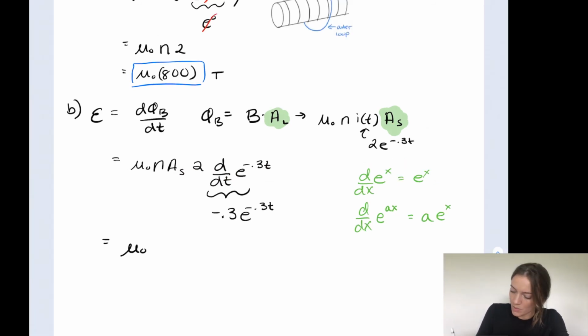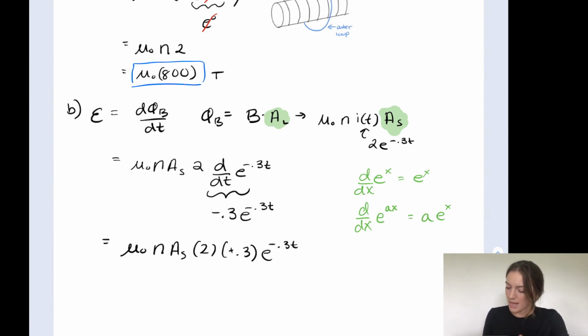So we'll have mu naught n, the area of the solenoid, times 2 times negative 0.3 e to the negative 0.3 t. Since we're just looking at the magnitude, we can forget about this negative sign, since the question only asks for the magnitude.